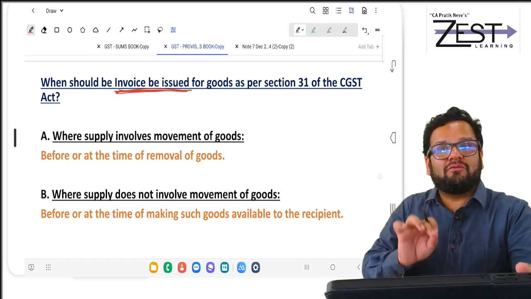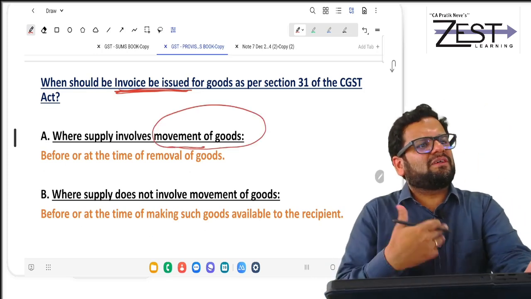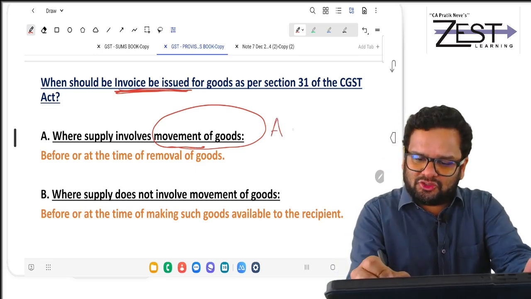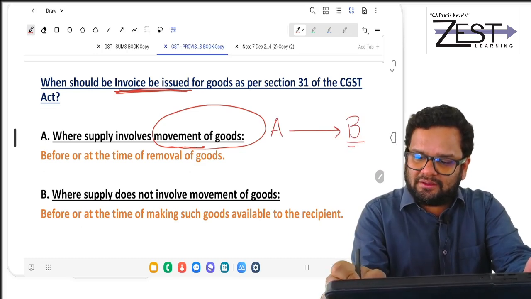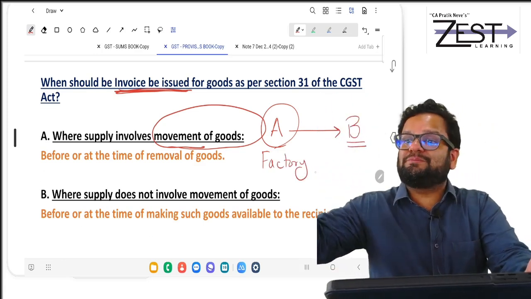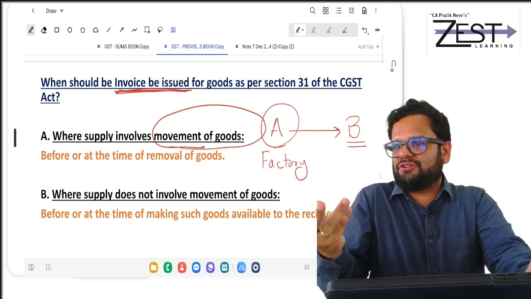If supply involves movement of goods. What is it when supply involves movement of goods? A sold goods to B. From A's factory, the goods are going to go to B's premises. Supply involves movement of goods.